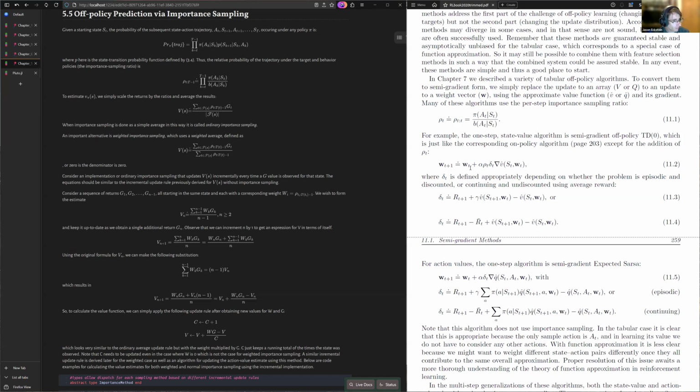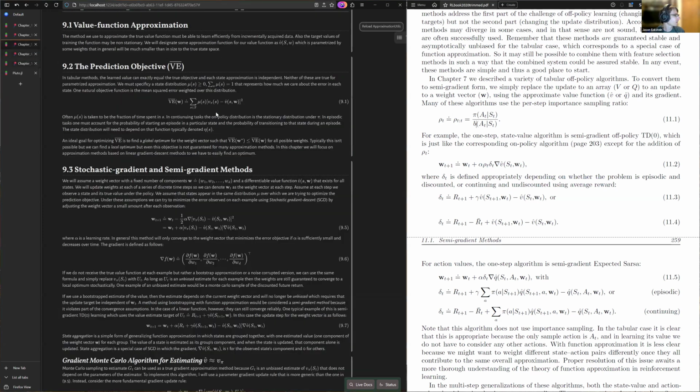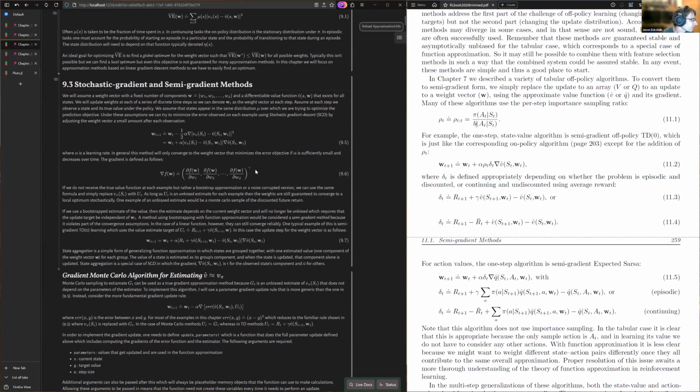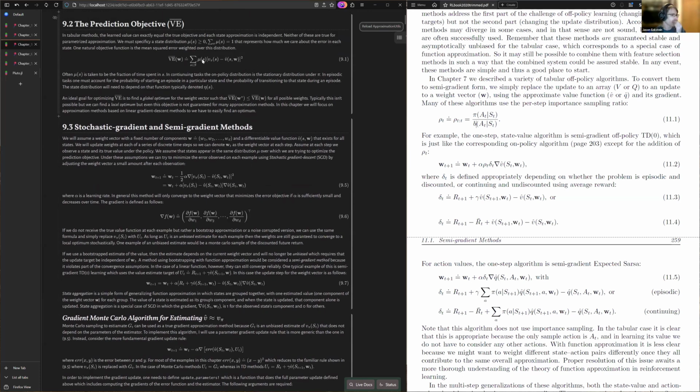But the other problem, which isn't addressed by doing this, is that if we just do updates like this and we're following the behavior policy, the states we visit are no longer going to follow this. Actually, this should be, oh, sorry, sometimes this is written with a little i under it.